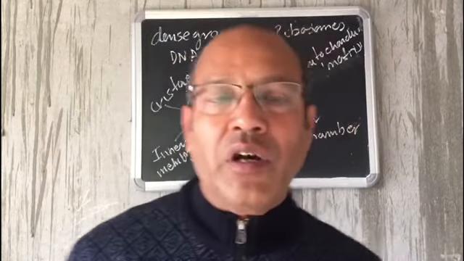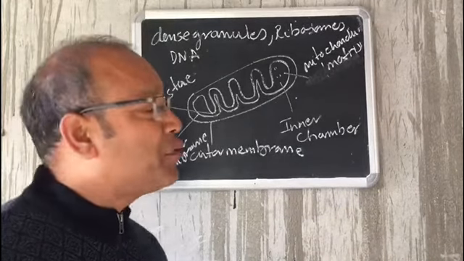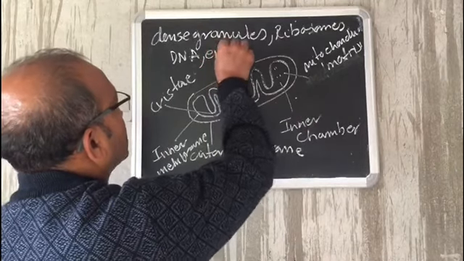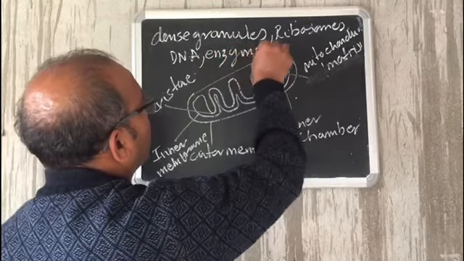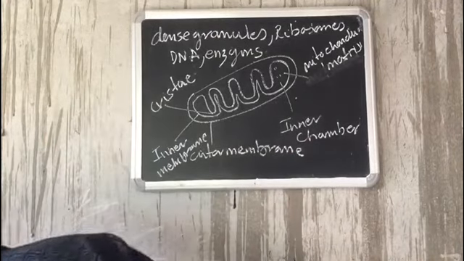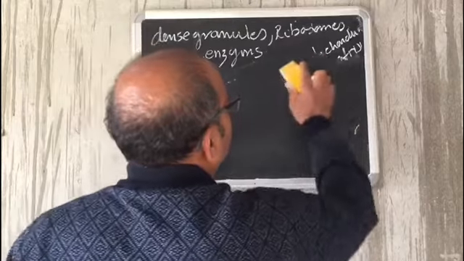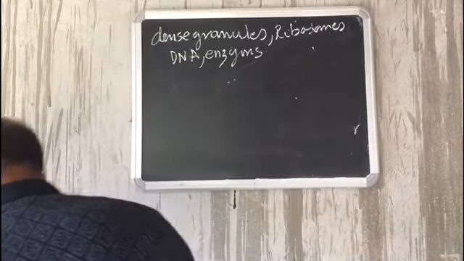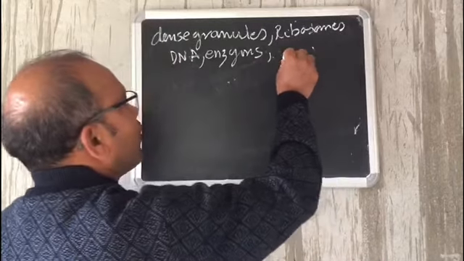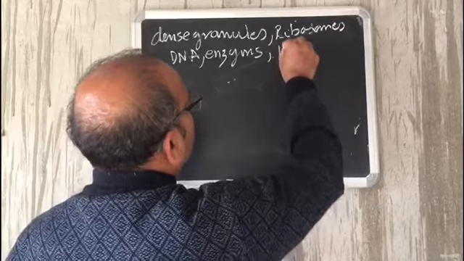The mitochondrial matrix also contains enzymes which are important for an aerobic process like the Krebs cycle.